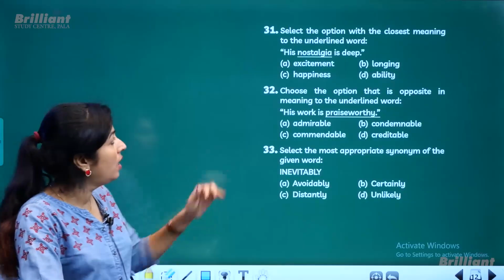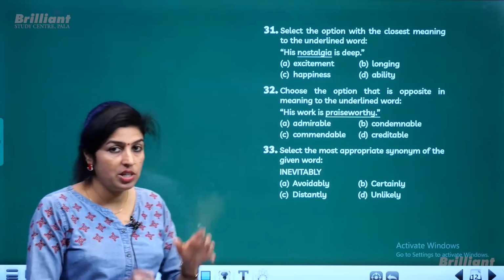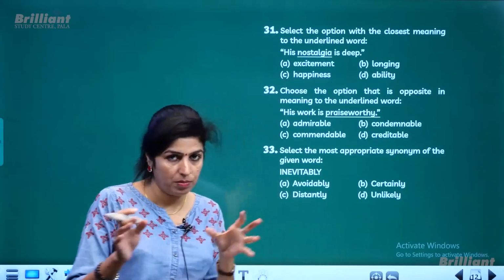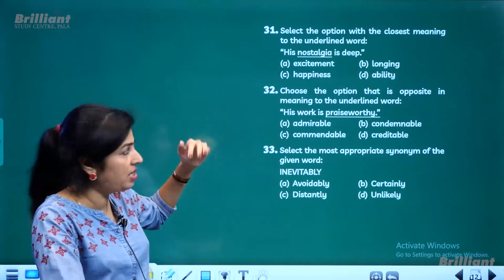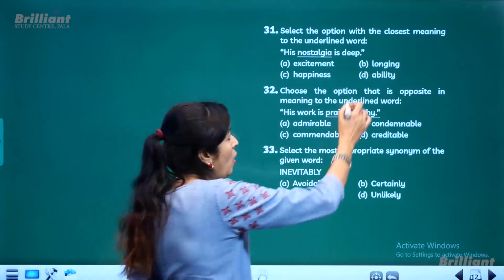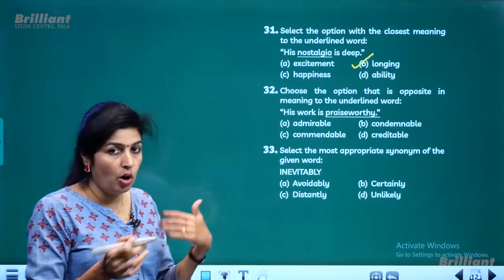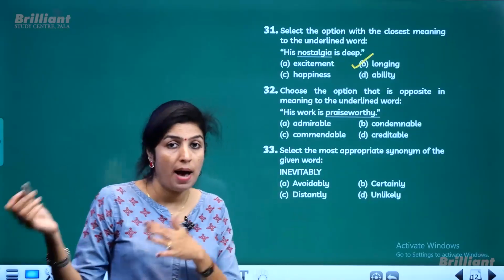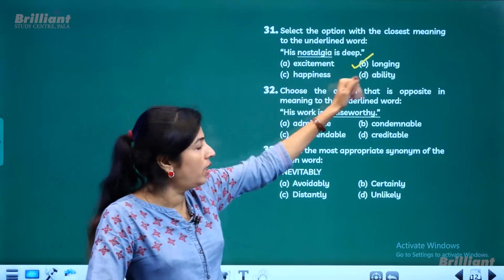Okay, let us read the statement first. His nostalgia is deep. That means the meaning of nostalgia from the given options. Is it excitement? Excitement is not nostalgia. Happiness is not, or abilities, but longing. Longing means a kind of connection going to the past. Longing, a strong desire to go back to the past. So, nostalgia here is related with the word longing.